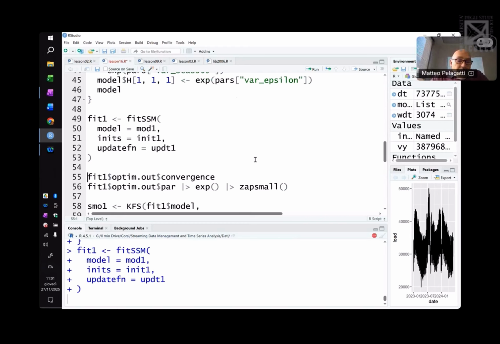But before building the holiday dummies, I want you to compute what we call the auxiliary residuals. So the auxiliary residuals were the smoother applied to the disturbances and to the observation noise of the system. So we're estimating those disturbances based on the data. We saw that two lessons ago.